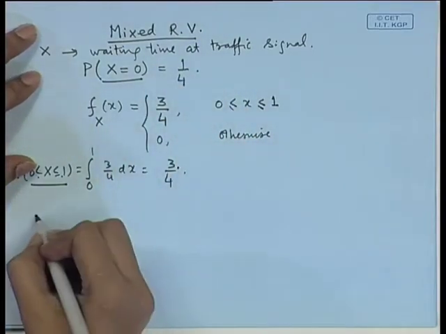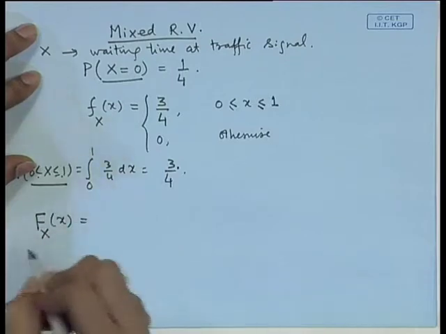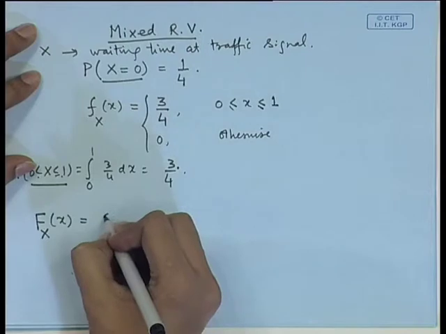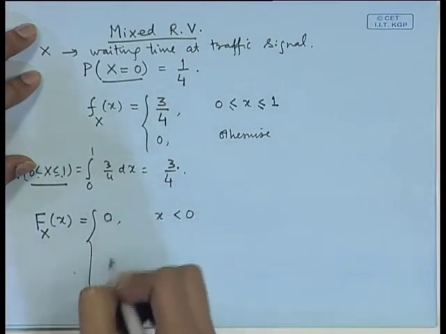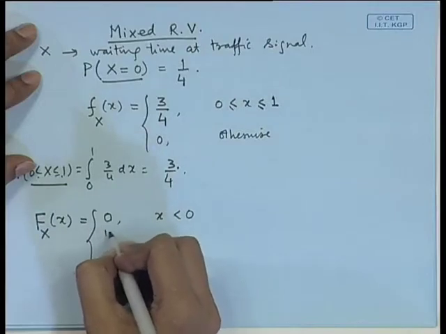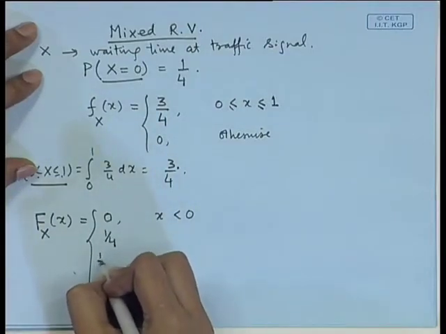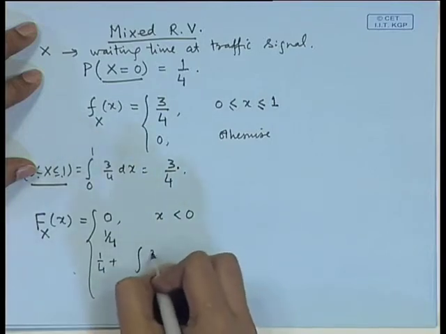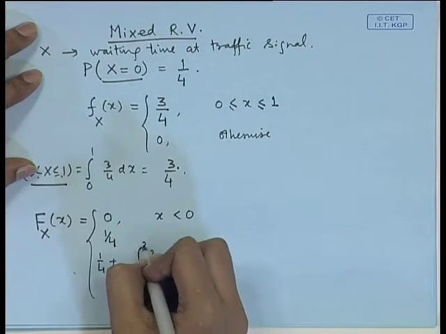We can also look at the CDF of this particular random variable. Before x equal to 0, it is 0. At x equal to 0, it is becoming 1 by 4, and thereafter it is becoming 1 by 4 plus the integral of 3 by 4 dx from 0 to x.